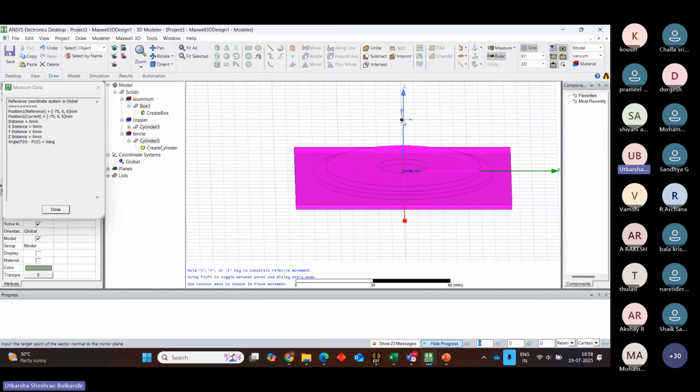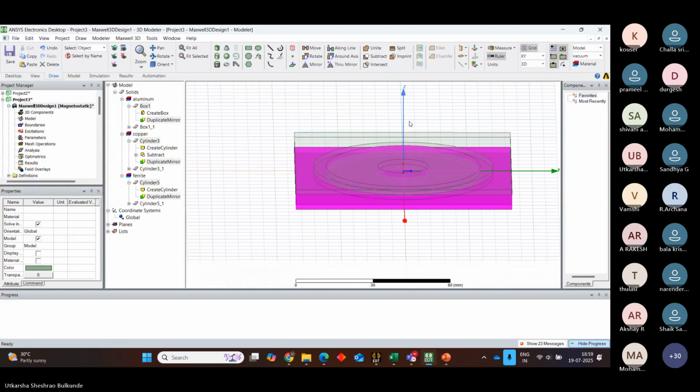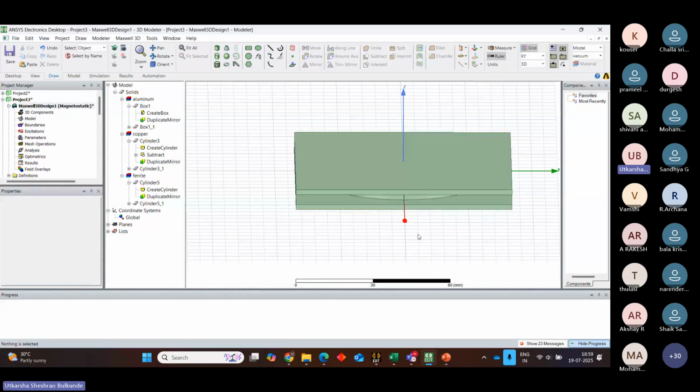Zero. So when you place your tab, zero, this is also zero, and this is at some distance, for example 20 mm. So it will come above this at 20 mm.